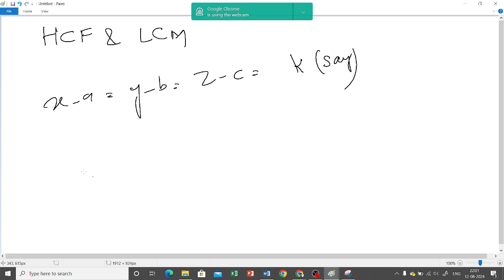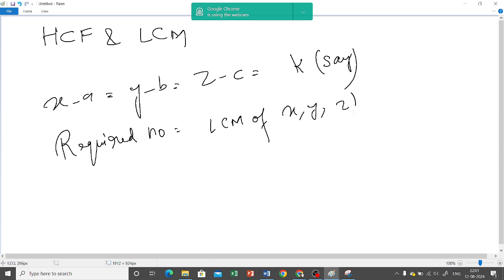Then what is going to be the required number? See, it is given in the question to find the least number, that is LCM. So the required number is LCM of x, y, z minus k. Okay, so what is this rule?